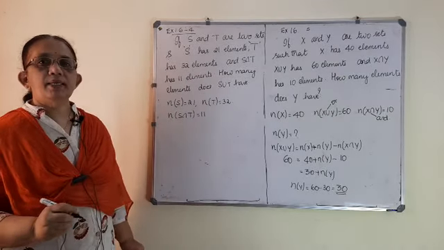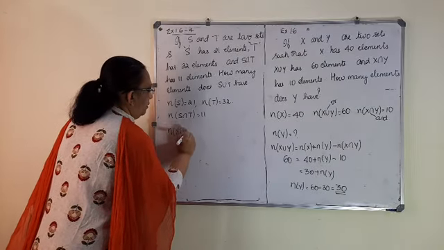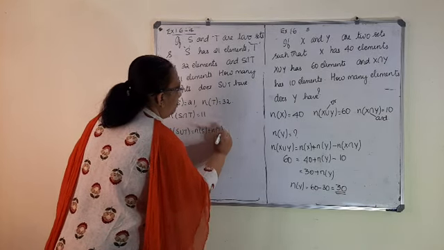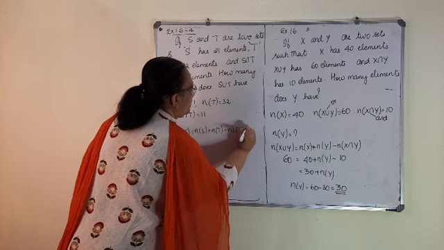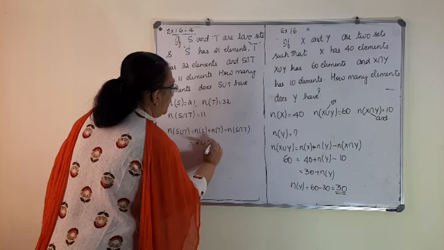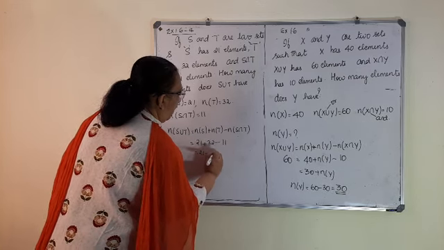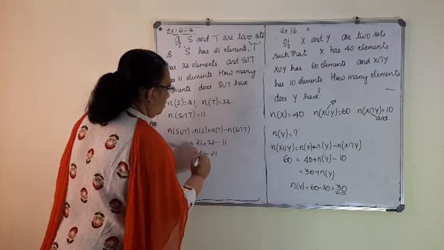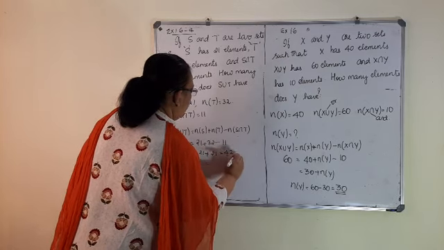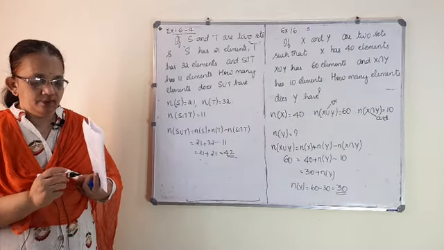How many elements does S union T have? n of S union T is equal to n of S plus n of T minus n of S intersection T. That is 21 plus 32 minus 11. That is 21 plus 21, which is equal to 42. S union T has 42 elements.